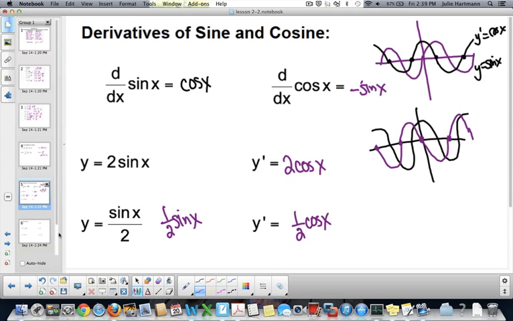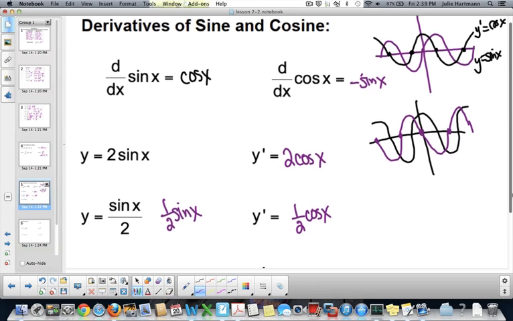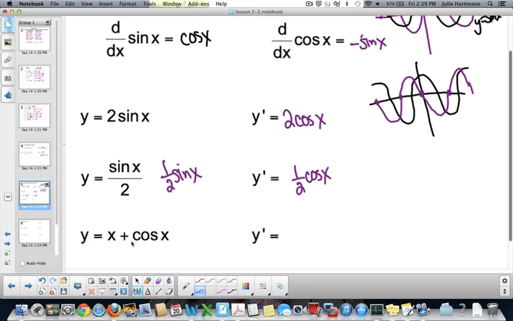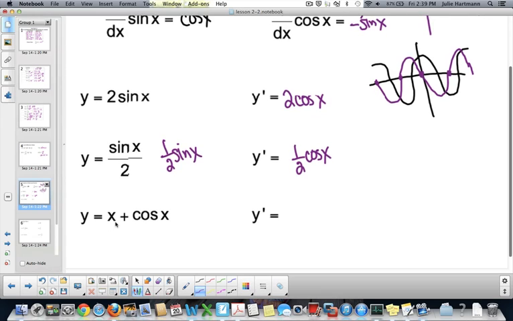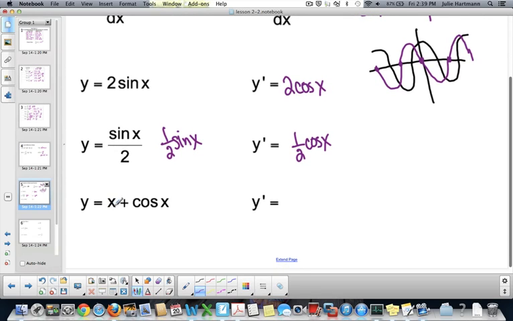Okay, and then I think there's another problem. Here, this is the sum and difference rule. You do the derivative of x, which is 1, plus the derivative of cosine, which is negative sine of x. Or you can write that 1 minus sine of x, it doesn't matter. Okay, so there you go.